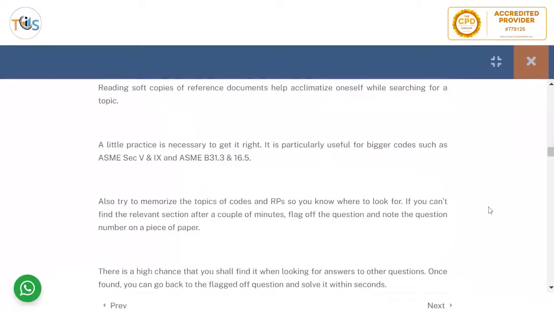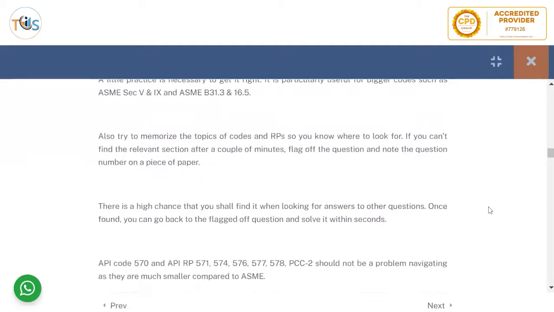Also, as we said, get the bigger picture of the codes, especially ASME Section V, IX, B31.3 and B16.5. So look at the scope, look at how the code is structured. For example, all welding issues are in QW, NDT methods are in different articles, and so forth.